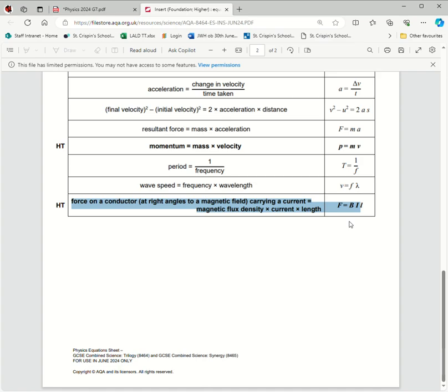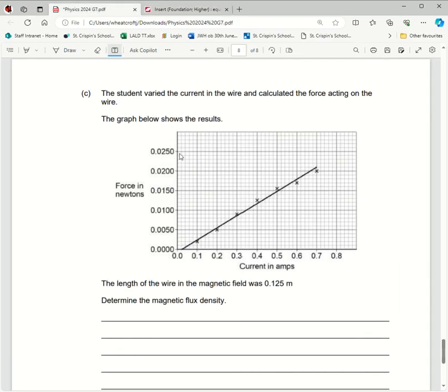There is an equation that links the force on a conductor within a magnetic field, like the piece of wire in this question. That force depends on the magnetic flux density, the current flowing through the conductor, and the length of the conductor that is in the magnetic field, whereby force is equal to flux density times current times length.